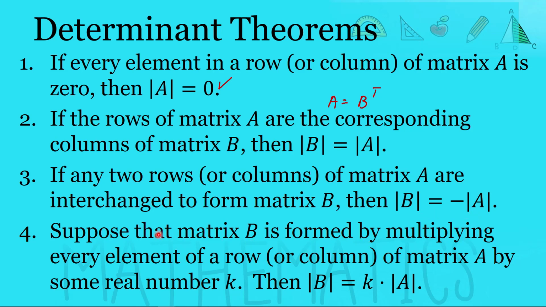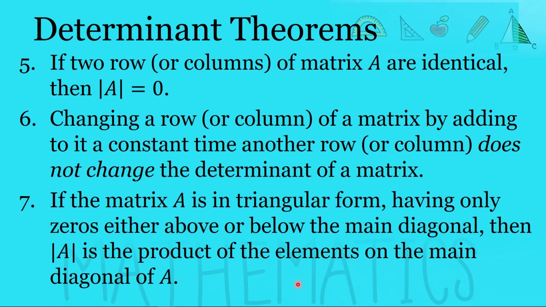Suppose that matrix B is formed by multiplying every element of a single row or a single column by some real number k, by some scalar k. Then the determinant of B is going to be equal to k times the determinant of A. If any two rows or columns of a matrix are identical, then its determinant is equal to 0.